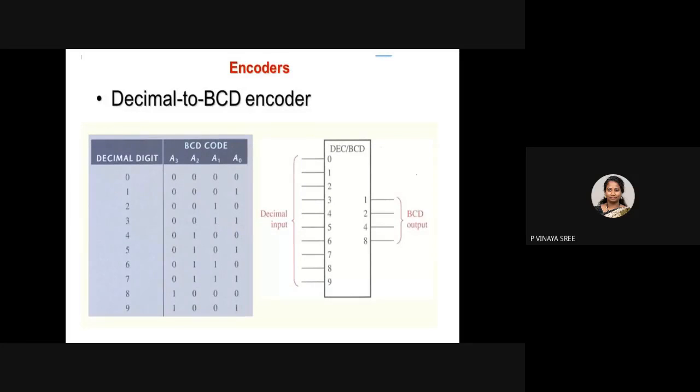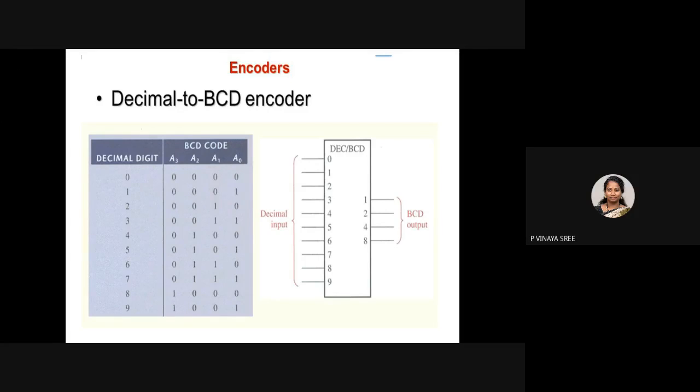One side will be decimal input, the other side will be BCD. We are converting one format, decimal, to BCD. Again in decoders, what will we be doing? Converting BCD back to decimal. We will do that in decoders, but let me concentrate on encoders.